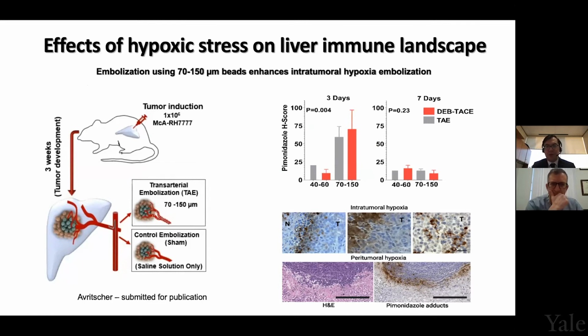When we stain for hypoxia, if you were using larger beads, you were causing greater amounts of hypoxia throughout the tumor, and that was statistically significant at 3 days. Interestingly, about a week later, it all equilibrates. But, as you can probably imagine, most of the hypoxia, most of that insult, most of the injury is going to happen immediately after the embolization and not a week later.